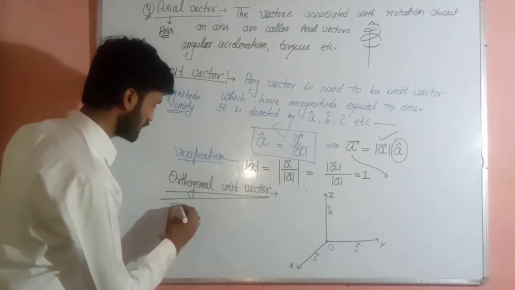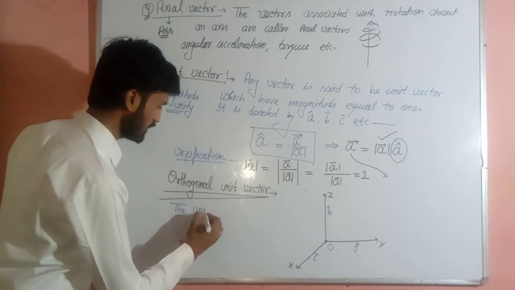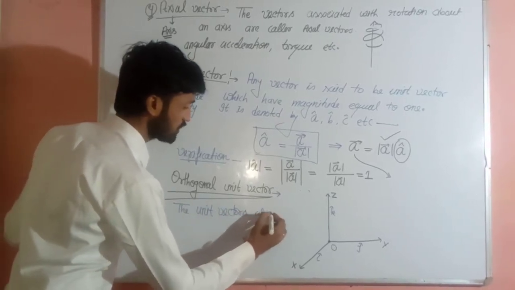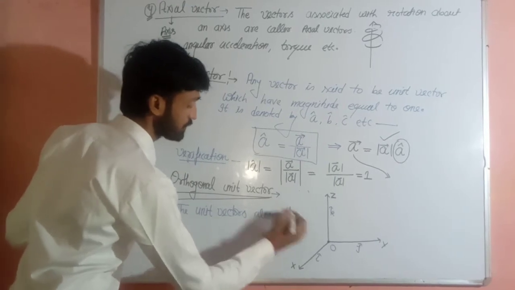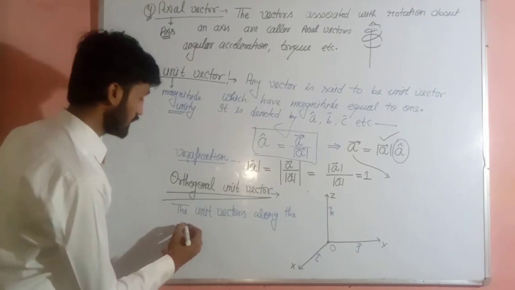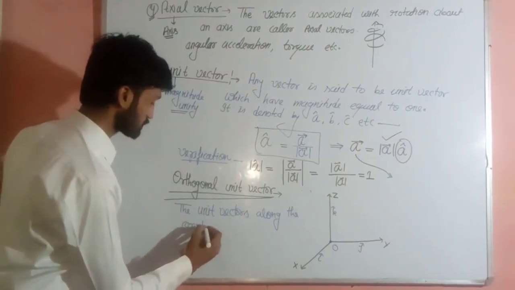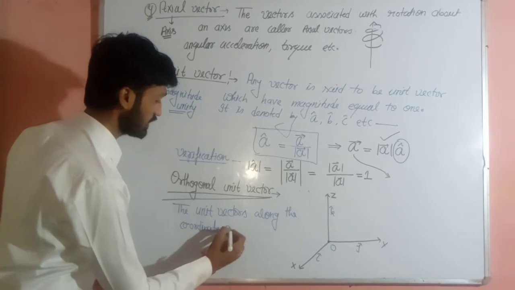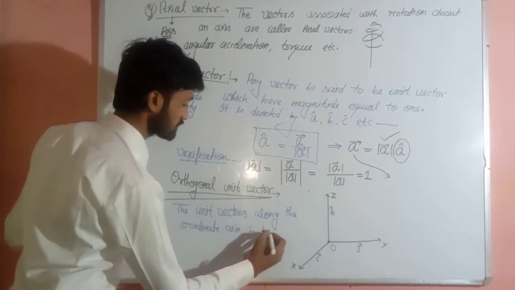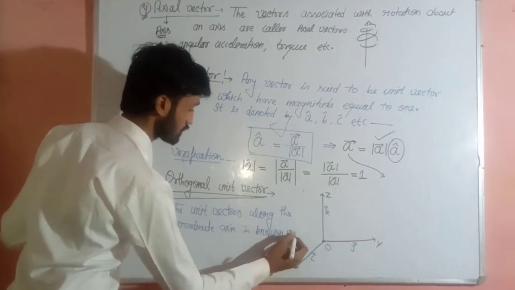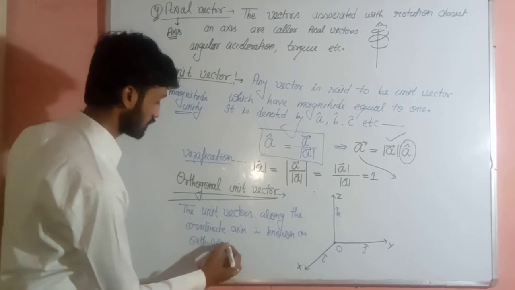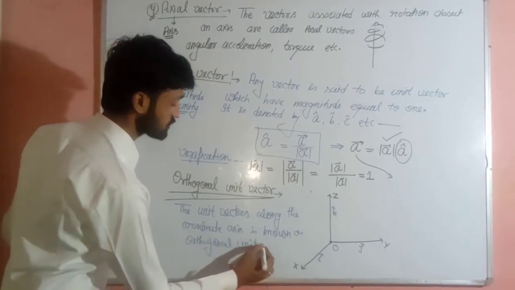The unit vectors along the coordinate axes are known as orthogonal unit vectors.